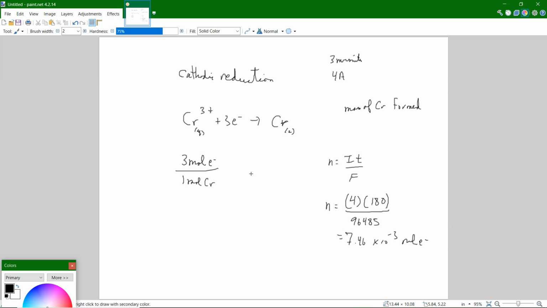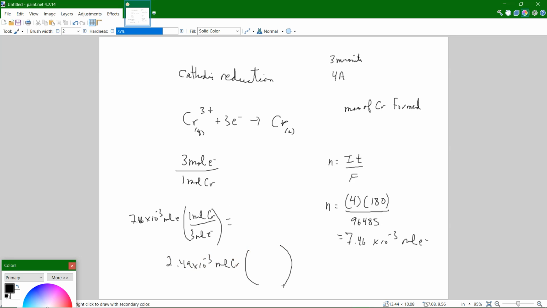Okay, so the amount of chromium would be a third of that, right? 7.46 times 10 to the minus 3 moles of electrons, 1 mole of chromium for 3 moles of electrons, divided by 3 is 2.49 times 10 to the minus 3 moles of chromium formed.